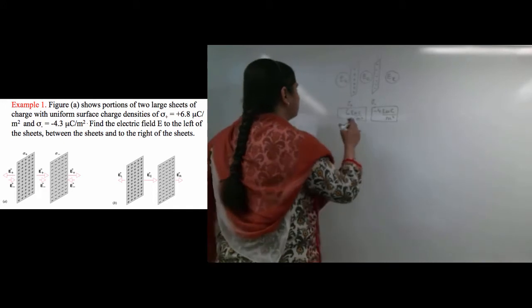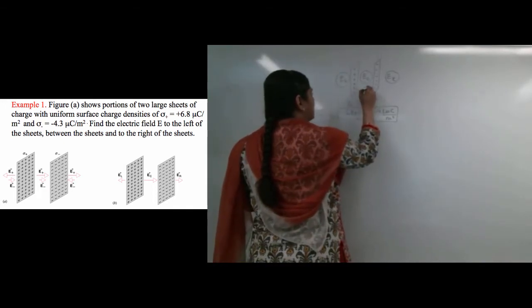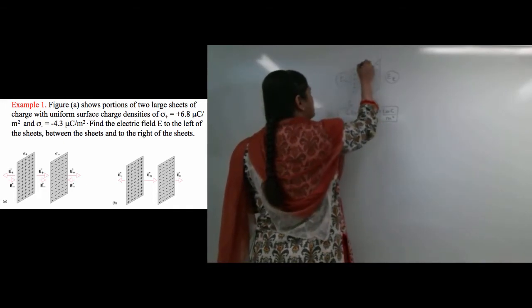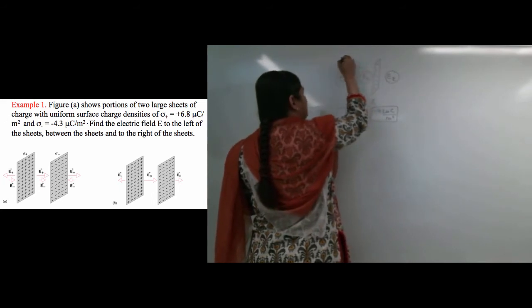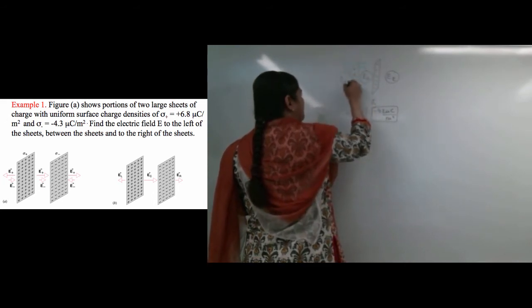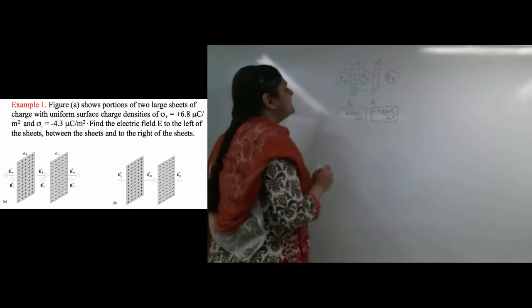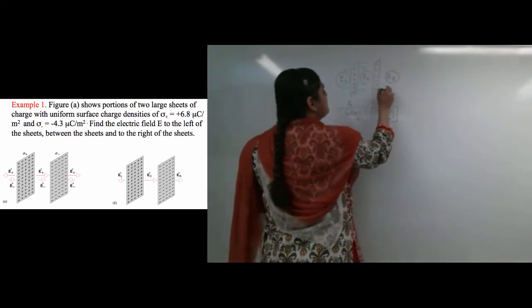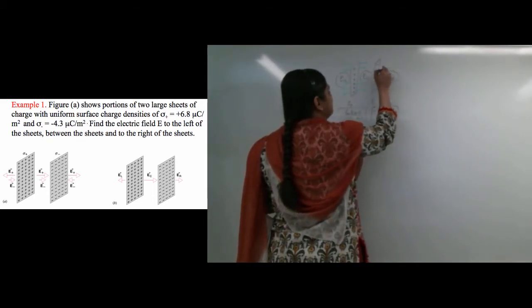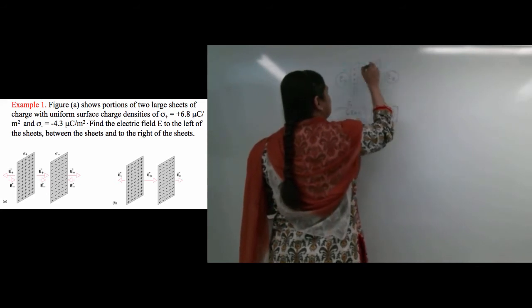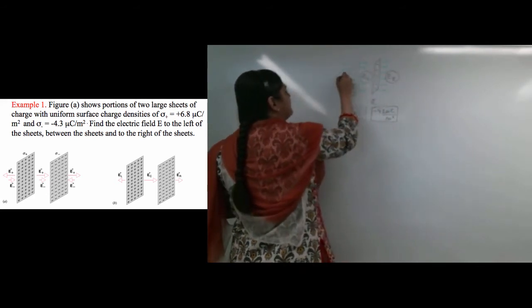So this is a plus sheet. It is going to have fields that look like this, and these fields are also going to be present here, right? So this E field is going to continue all the way through.